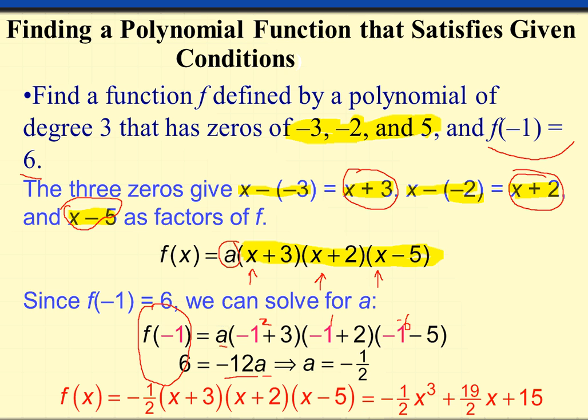And if we were to multiply all of that out and multiply by -1/2, then we would get the result -1/2 times x cubed plus 19/2 times x plus 15. That is the single polynomial that has the 3 zeros above, is degree 3, and if we put -1 into the function, we get a y value of 6 out.